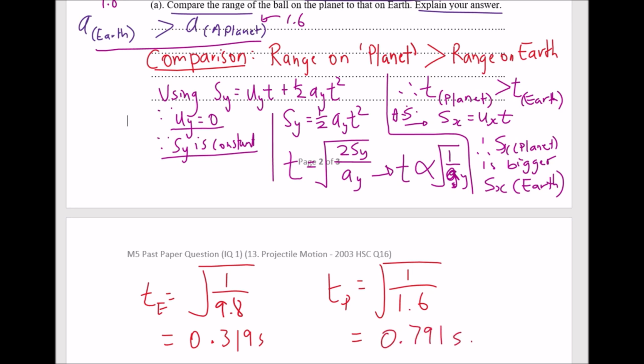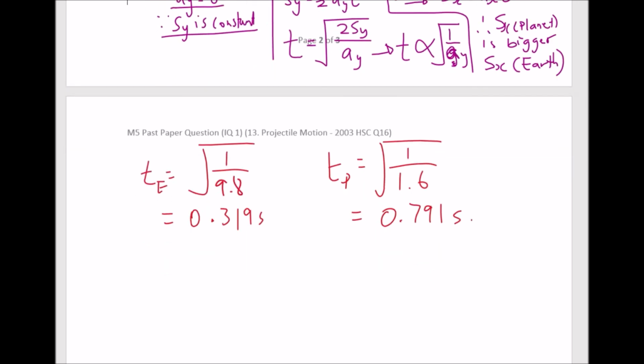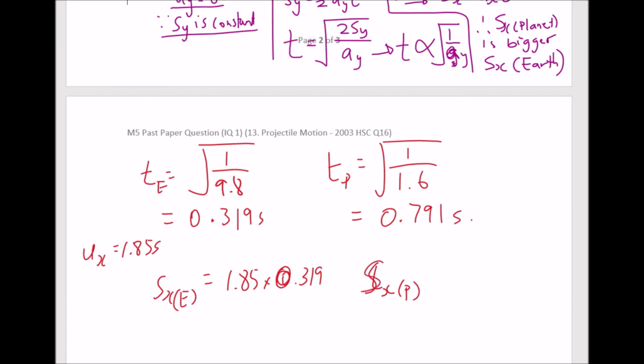Now, assuming that we launch it at the same speed, according to the question, ux was 1.85. So sx Earth is 1.85 times 0.319, and sx planet equals 1.85 times 0.791.